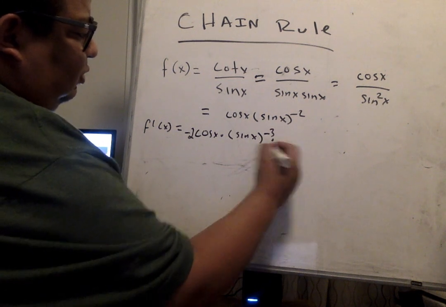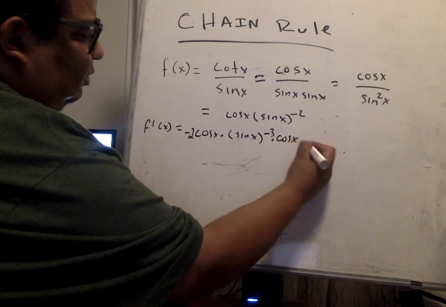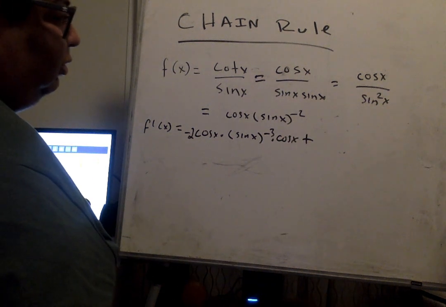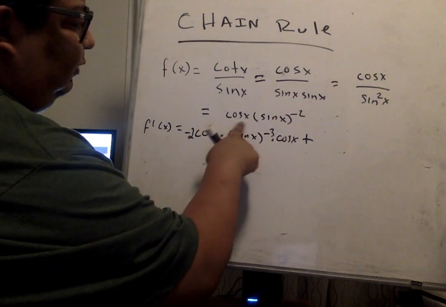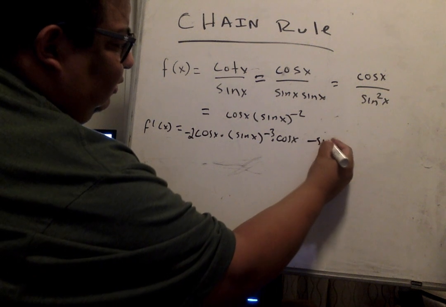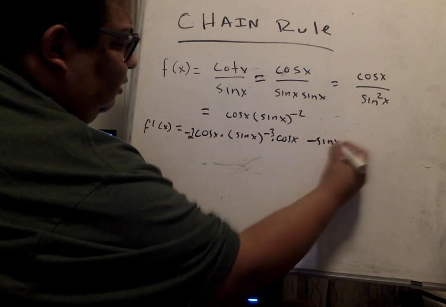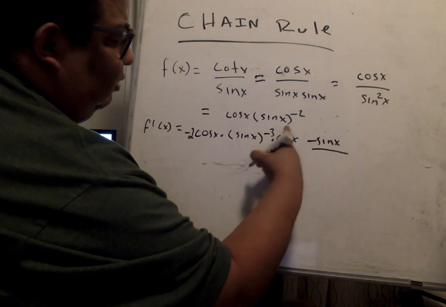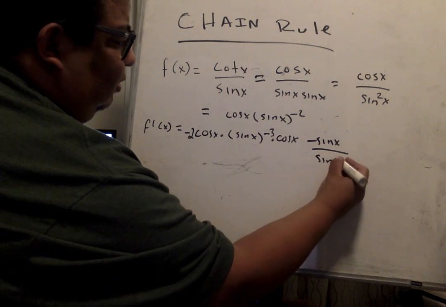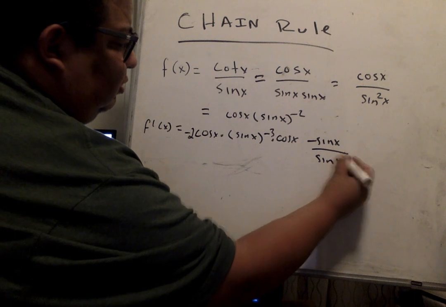The derivative of sine is cosine, so that's cosine x, then plus. Now we take the derivative of cosine, that's negative sine, so we change the sign here: negative sine x all over this one, sine x square.